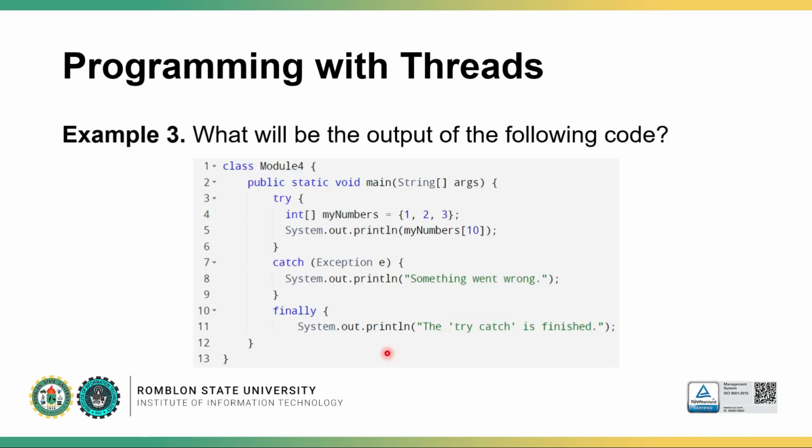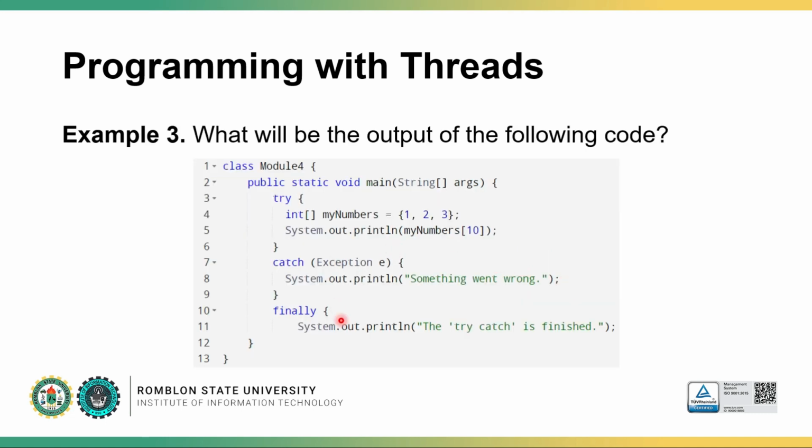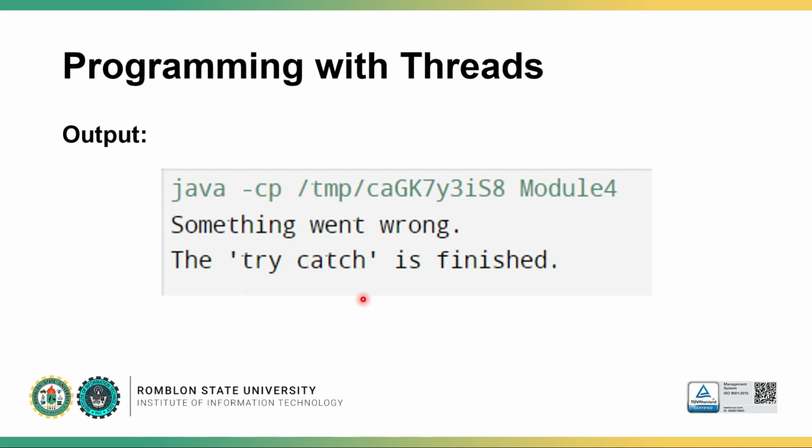For my last example, there is what we call finally. It's the same code, we just added the finally, so regardless of whether the code in the try block runs or not, it will still output the final result. That is how try, catch, and finally are used.